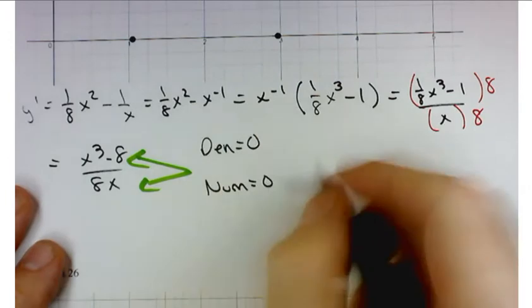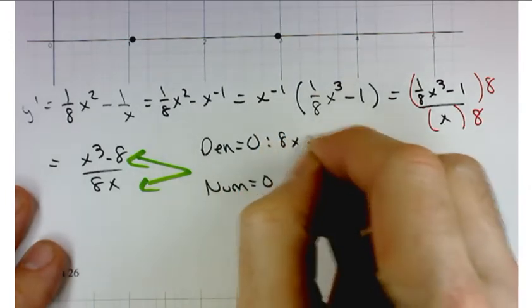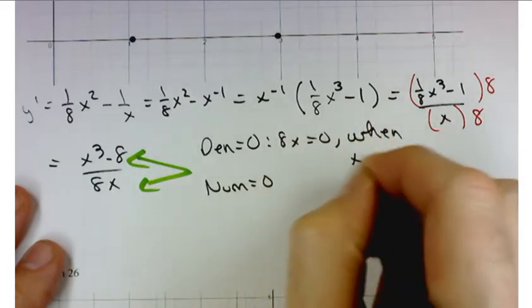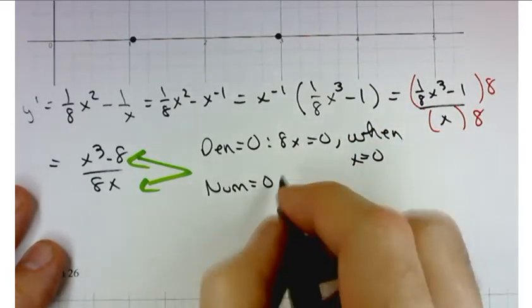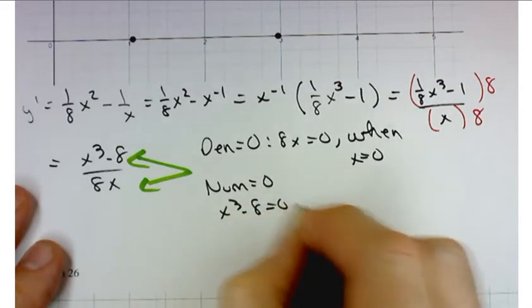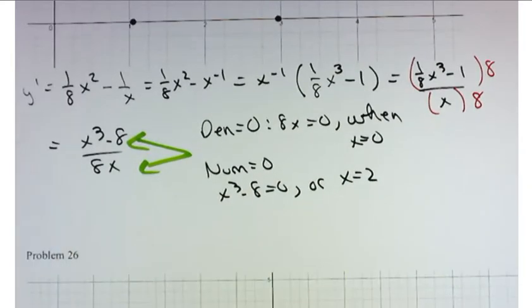I got these backwards here, but that's all right. 8x equals 0 when x equals 0. And the numerator equals 0 when x cubed minus 8 equals 0 or x equals 2. So I get those 2 points.